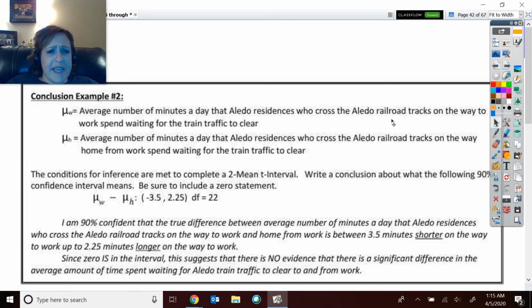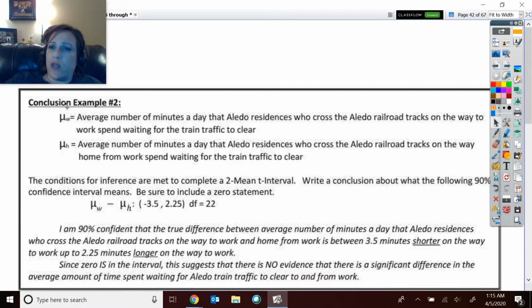I actually wrote this problem as if it was two separate means, though I probably should have done it as paired, but that's okay. We're just going to say two different sets. I just take everybody who gets stopped by the train, because maybe those are two different sets of people.